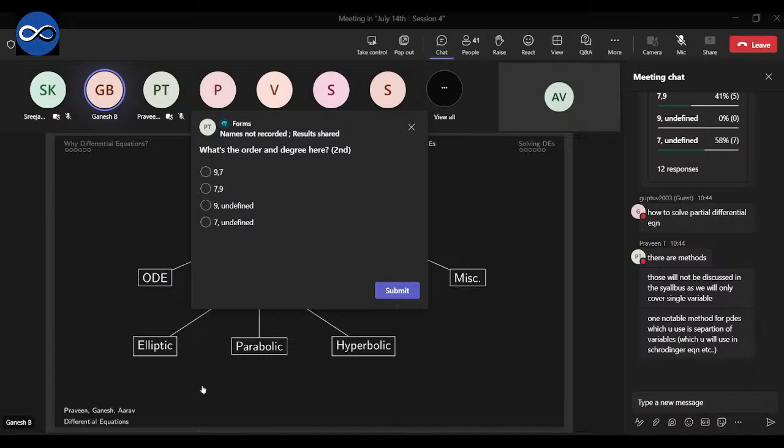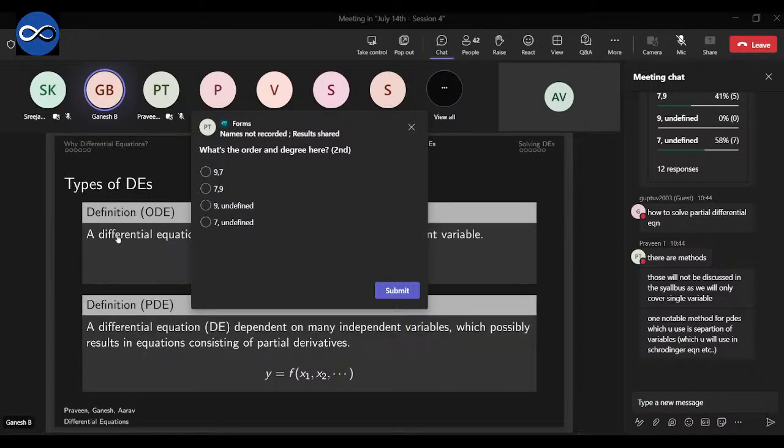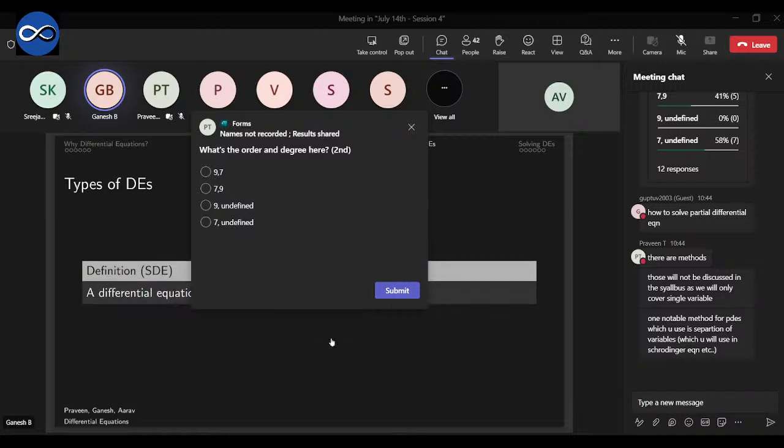And there are types of it as well: elliptic, parabolic, and hyperbolic. I don't think you have to worry about that for now. So the definition of ODE is just y is a function of x. The differential equation is dependent only on a single variable. And for a PDE, the differential equation is dependent on possibly many other variables, which of course results in an equation consisting of partial derivatives.